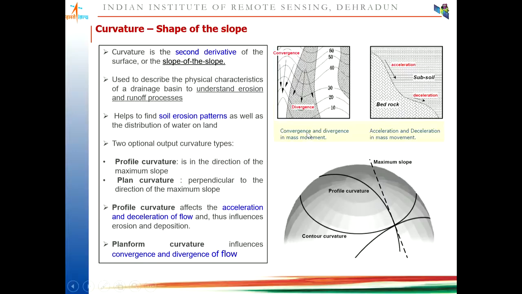If you calculate the curvatures, it helps us to understand erosion and runoff processes. So if you want to study the erosion patterns controlled by topography, then curvature maps are generated. There are two curvatures which we commonly extract using GIS: profile curvature, which is in the direction of the maximum slope, and plan curvature, which is perpendicular to the direction of the maximum slope.